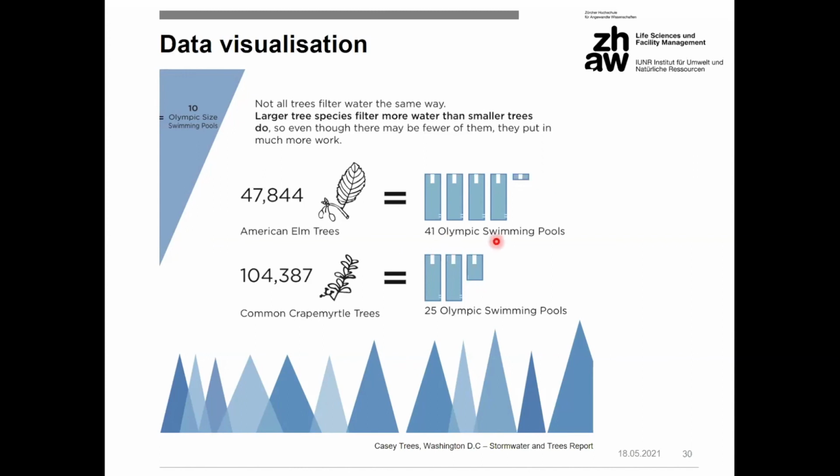So it is much more understandable when you're able to imagine 41 Olympic swimming pools than, for example, 40,000 cubic meters of water.